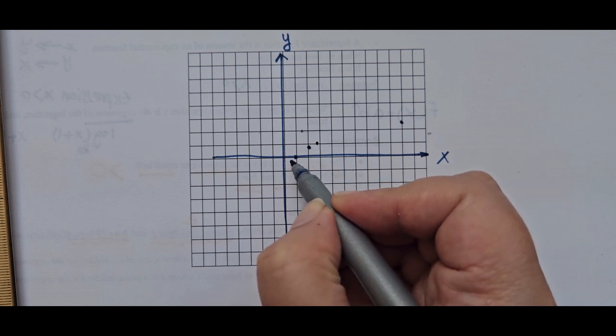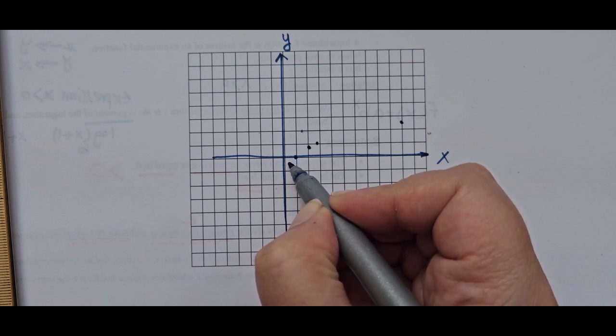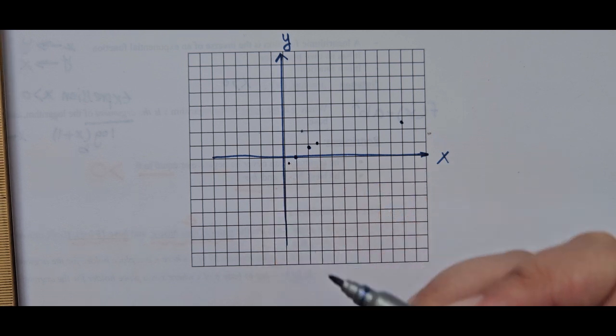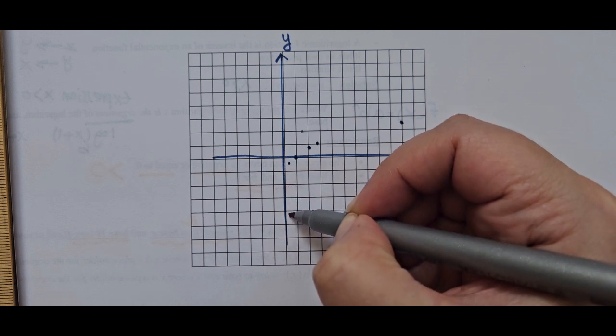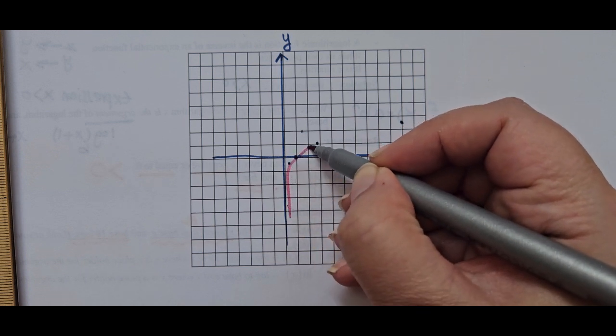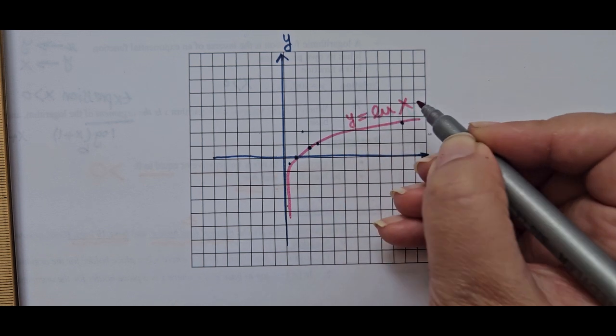Then 1 over 2 and negative 0.7, so around here. Now I just have to connect the points together. Hopefully I'll do a good job. Okay, so y is equal to ln x.